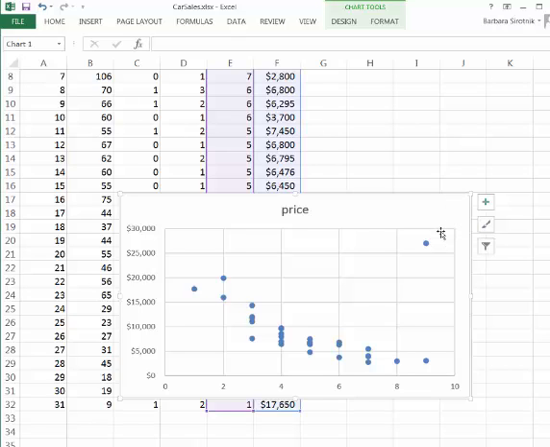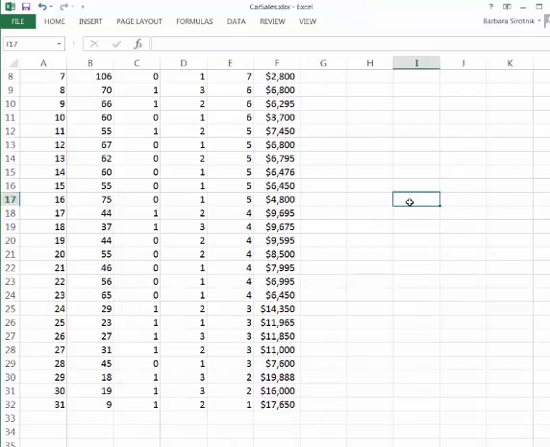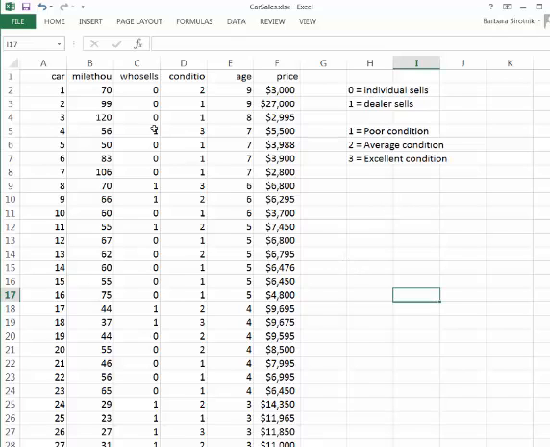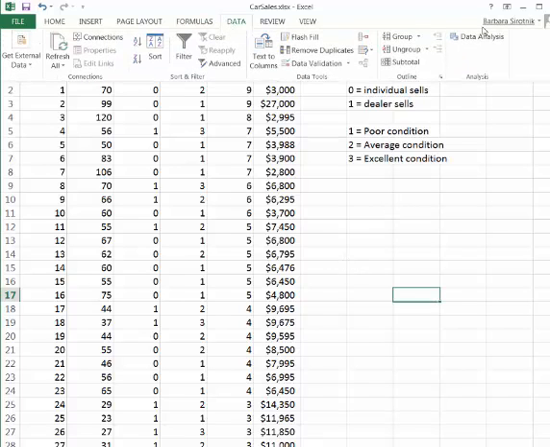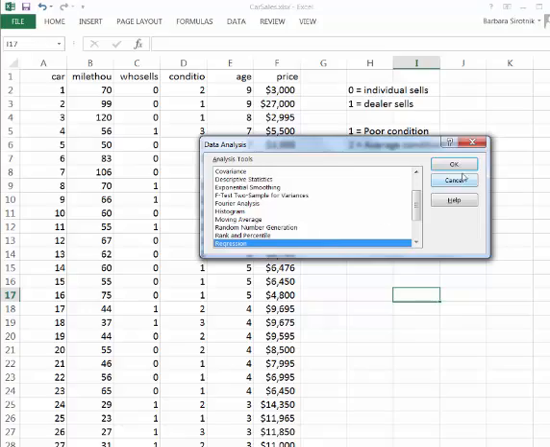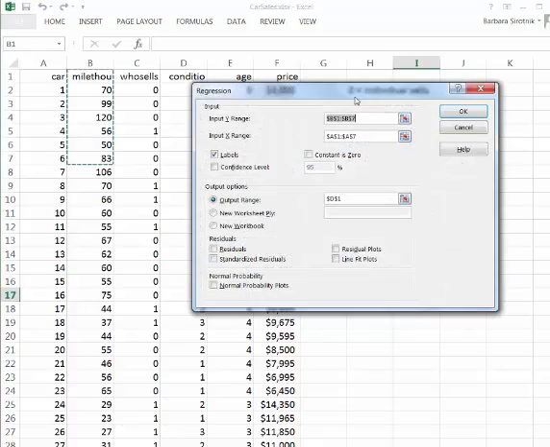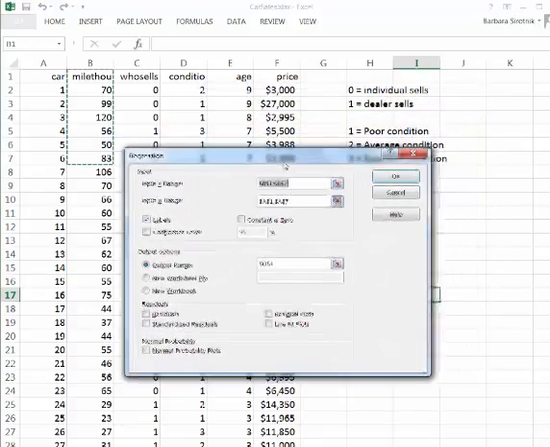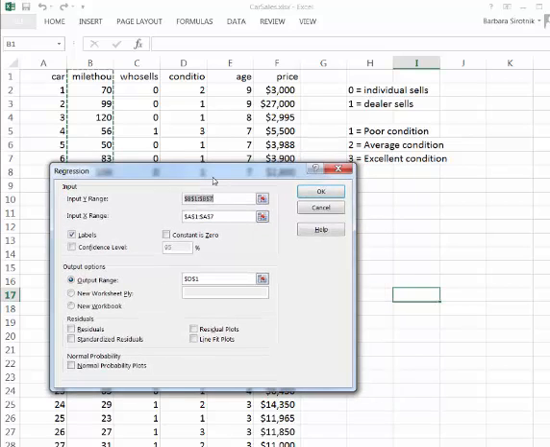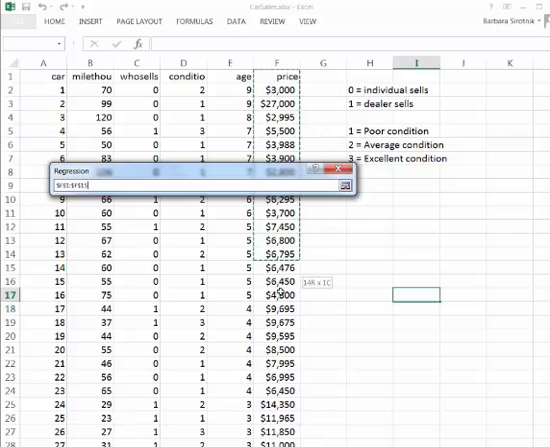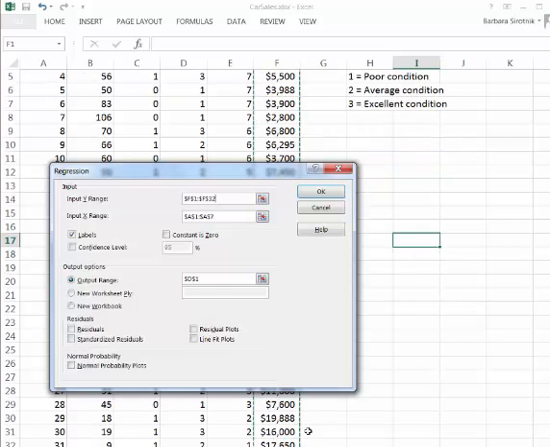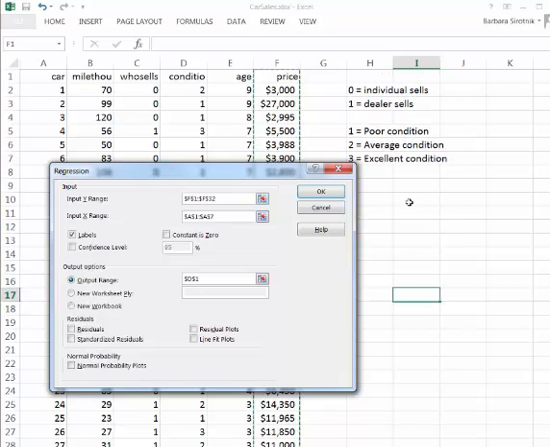Well, now that I've done that, let's see if I can do some of the analysis that I did a moment ago. I'm going to do data analysis and regression. And the question now is, what do I have as my Y range? Well, I'm trying to predict price. So my Y would be my F's. In other words, I will pull down, I'm going to go from F1 up to F32.